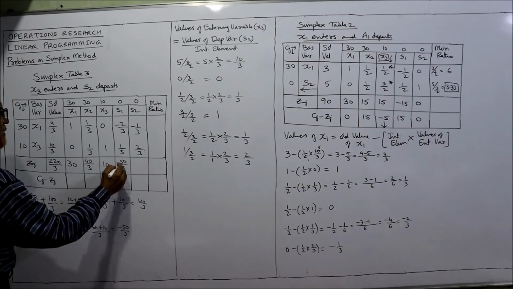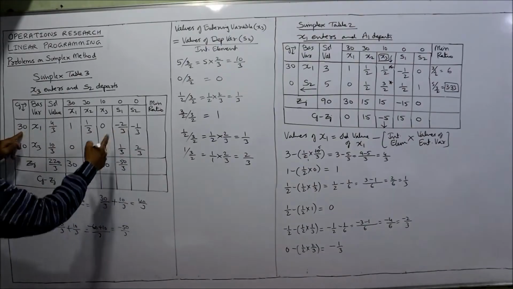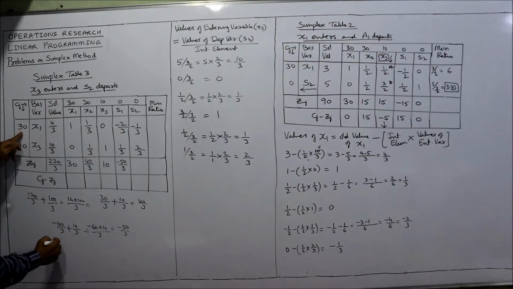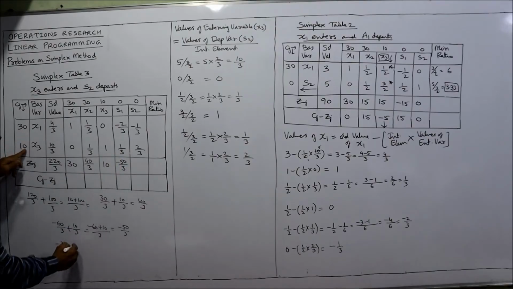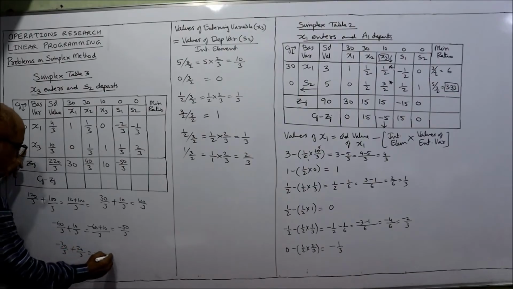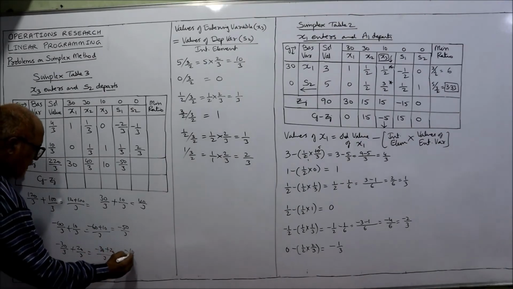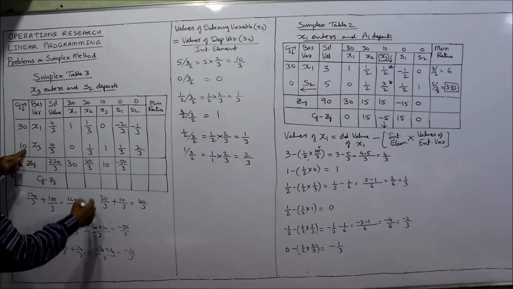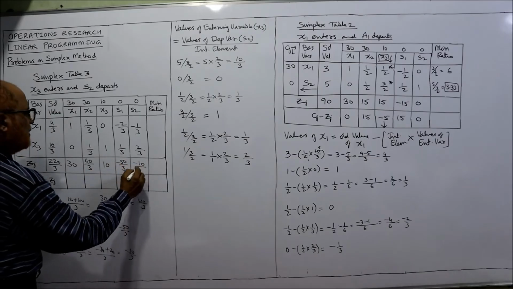Last one, 30 into minus 1 by 3, minus 30 by 3. Plus 10 into 2, 20 by 3. So LCM if we take 3, minus 30 plus 20. It is minus 10 by 3. Yes, minus 10 by 3.